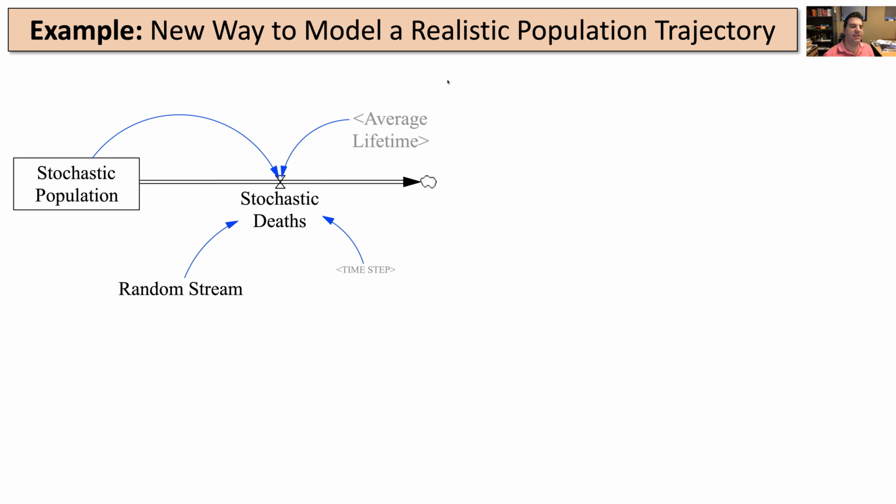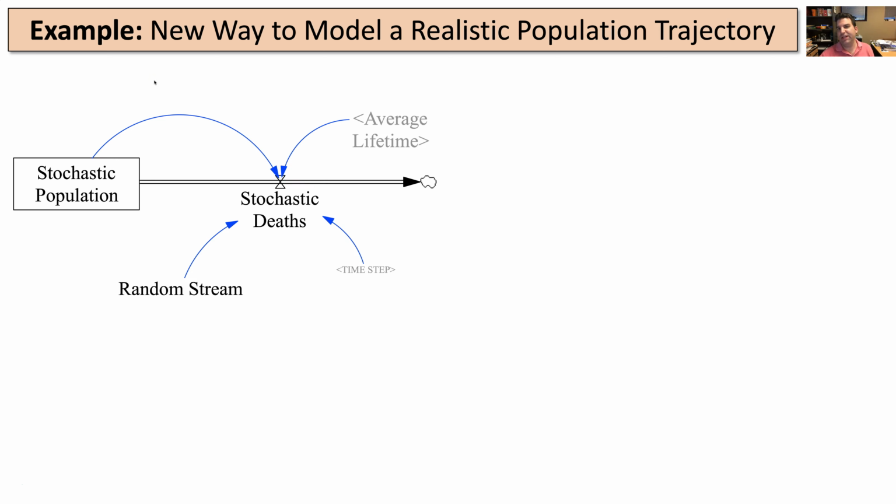Well, now we're going to move to this stochastic model, where our stock I'm calling a stochastic population, and I have this outflow, which I'm still calling a flow, called stochastic deaths. Now in this class, we use Vensim and Insight Maker in order to do our dynamical simulations.